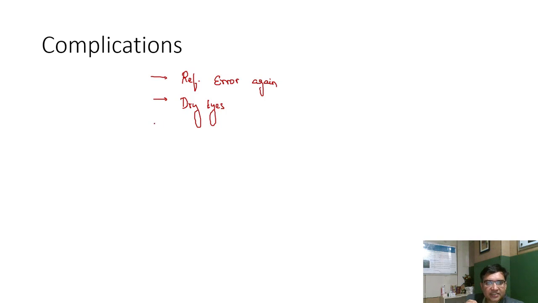The next very important complication of a refractive surgery like microkeratome based LASIK is corneal ectasia. So what do you mean by corneal ectasia? So it is like a keratoconus. Let's say you do a refractive surgery and after that the corneal thickness that is left is around 240.